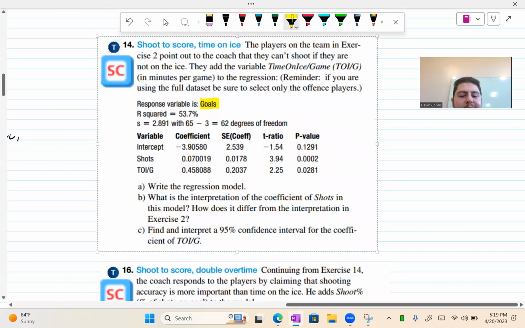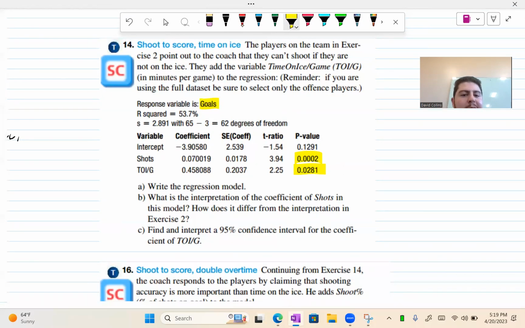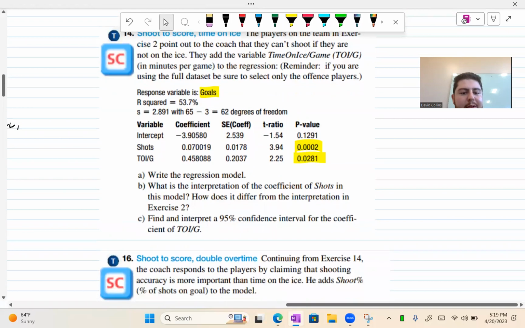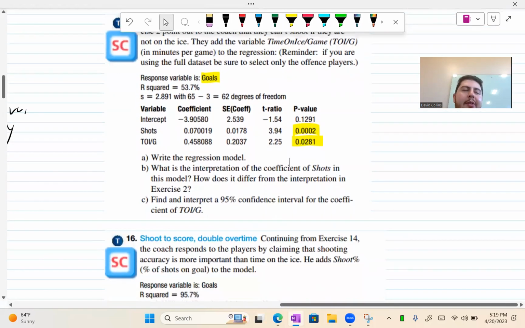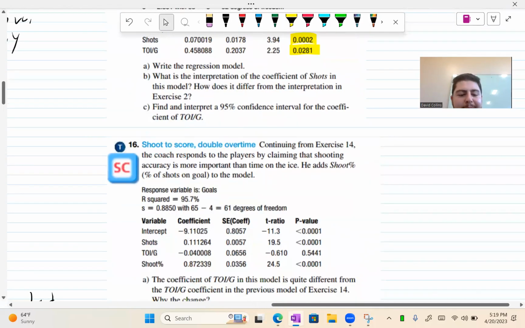Notice how shots and time on ice are both significant. R squared is 54%, not horrible, but not great. The higher the better, 80-something, 90%, whatever.